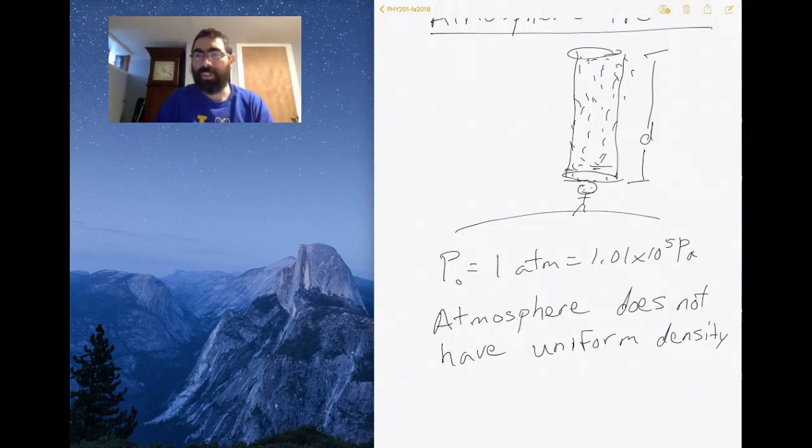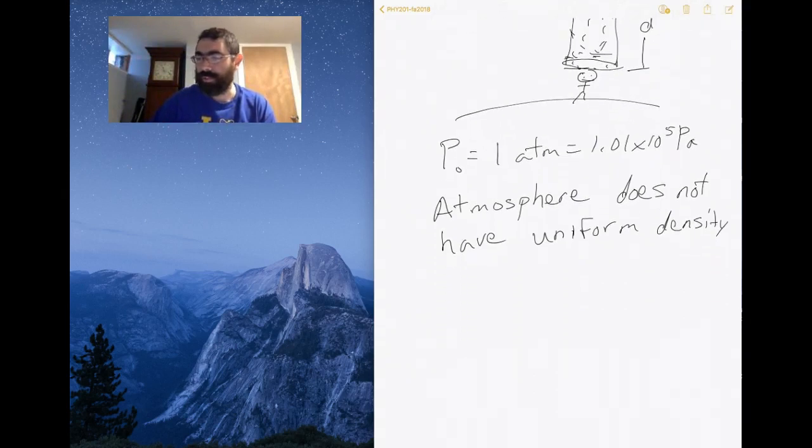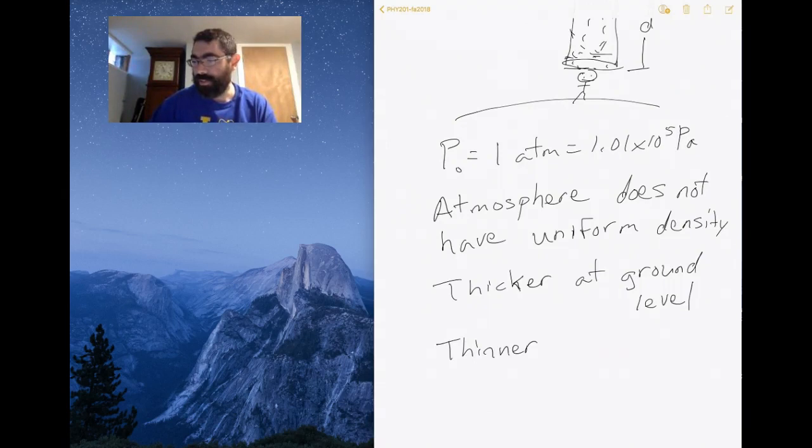The atmosphere is thicker close to the ground, so it's more dense at ground level, and it's thinner or less dense at the upper atmosphere.